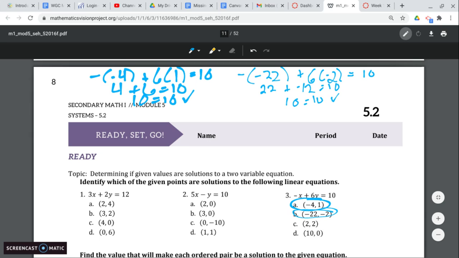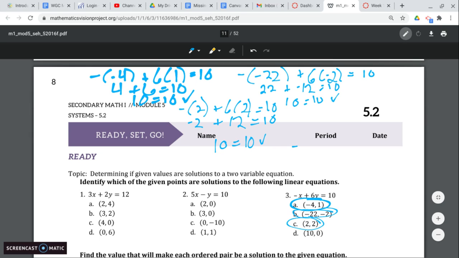All right, our next one we have is 2, 2. So we have negative, parentheses, 2 plus 6, parentheses, 2 equals 10. Negative times 2 is negative 2, plus 6 times 2 is 12, equals 10. Negative 2 plus 12 is indeed 10. So this is another true one. Now, the last one, we have 10, 0.